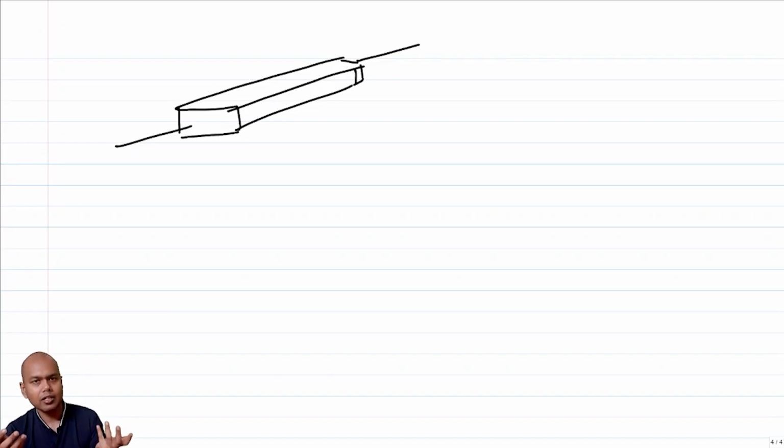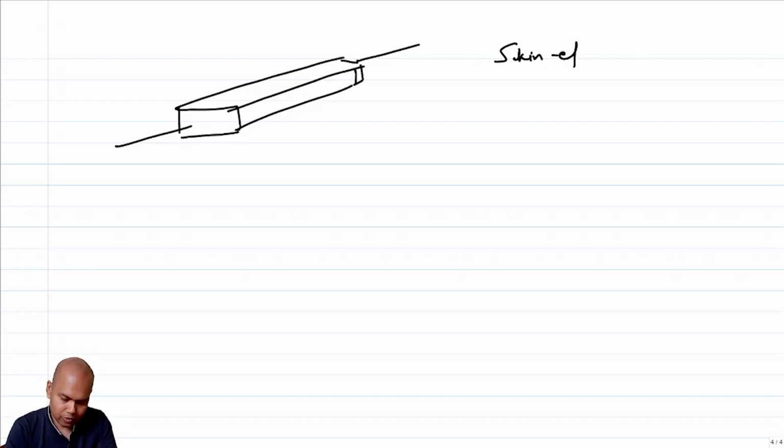So what ends up happening is that most of the current actually flows around the surface of the conductor. I'm sure you have heard of this in your undergrad electromagnetics classes. This effect is often called the skin effect, and the depth at which the electric field drops to 1 by e of its surface value is called the skin depth.